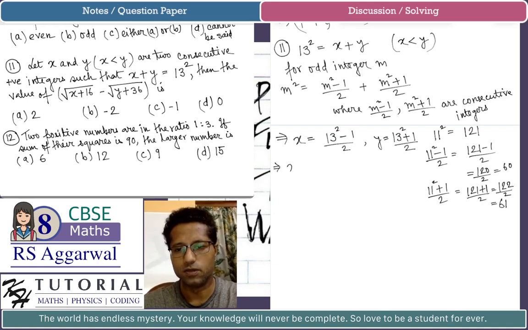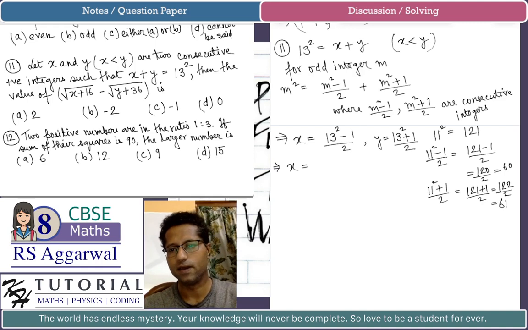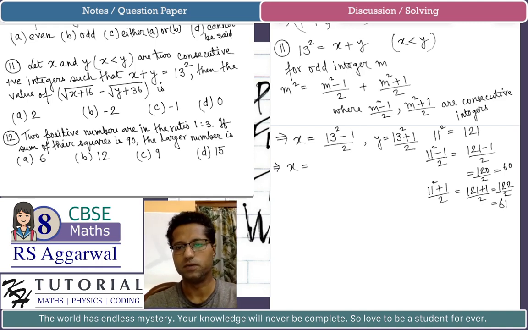If you find x, then there is no need to find y, because y will anyway be x plus 1, as x and y are consecutive integers.